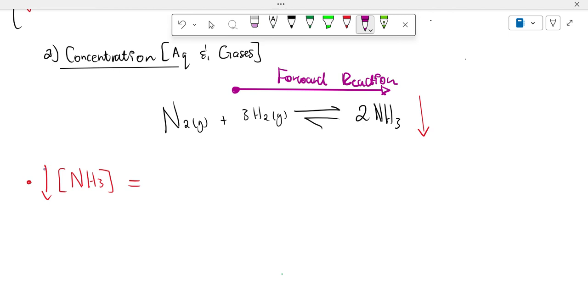So I decreased from the product side. The system will want to increase on the product side because it's doing the opposite of what you did. And as a result, if I want to form more of my products, I need to use up my reactants. And as a result, this guy will increase. These will then get used up. And that's why we say, in this case, the forward reaction is favored.